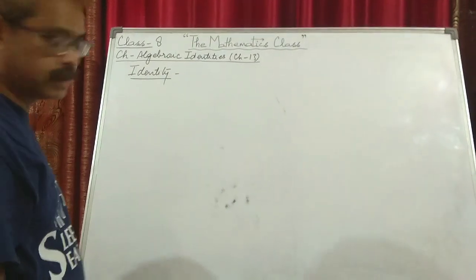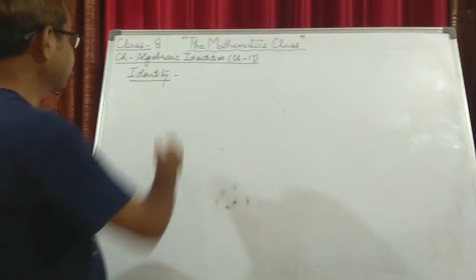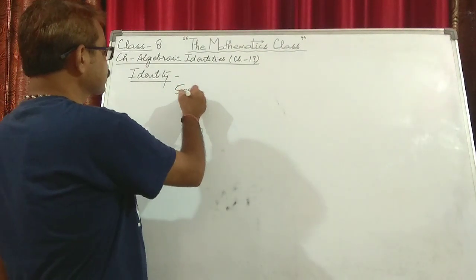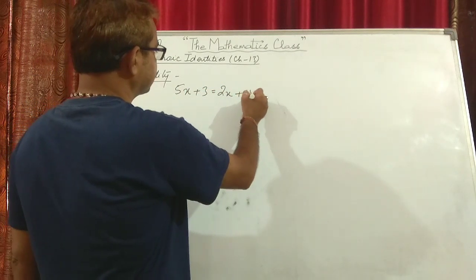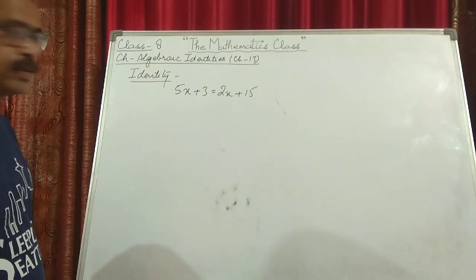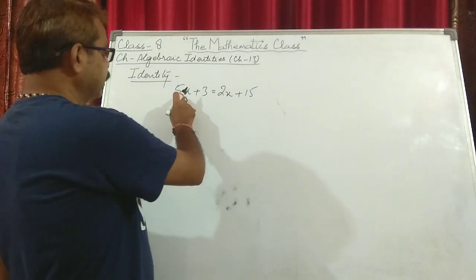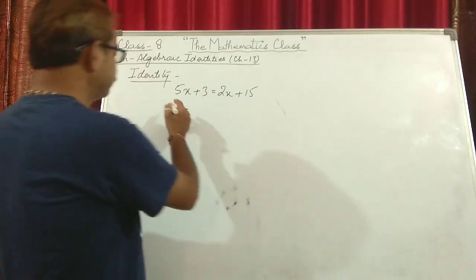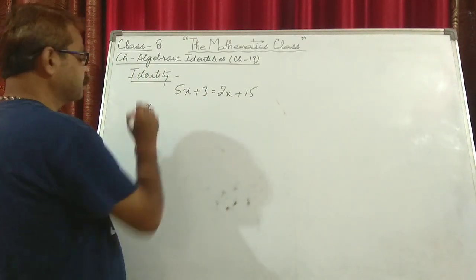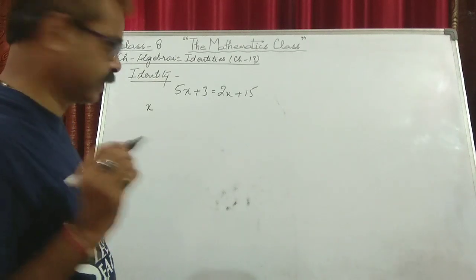Let's take an example. Let's say that 5x plus 3 is equal to 2x plus 15. This is an equation. Now if we solve this equation, we may get a particular value of x.